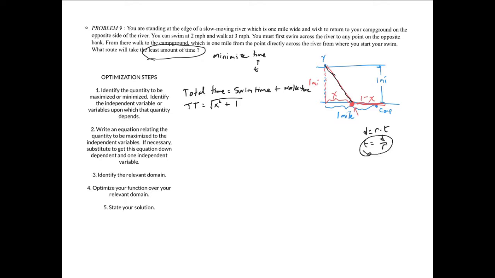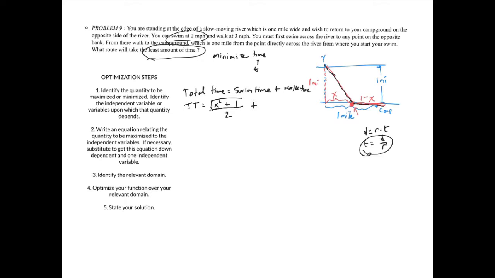That's the distance. But if I wanted to change that into a time, I would divide that distance I swam by the rate at which I can swim. And the problem says you can swim at 2 miles an hour, like that. So if you were to do dimensional analysis, basically, that would come out as miles divided by miles per hour, which would give you hours overall. So the walk time would be the distance of walking, which is much easier.